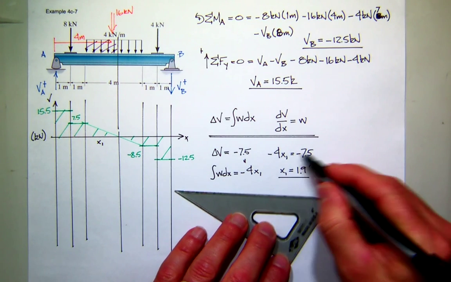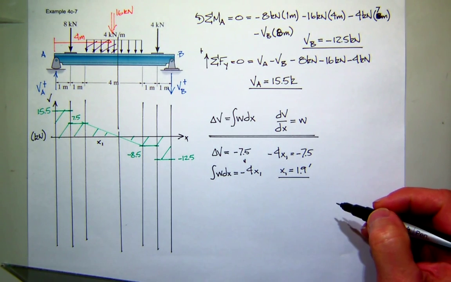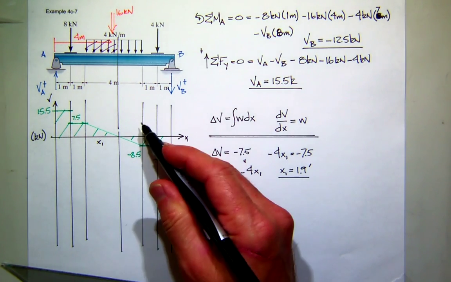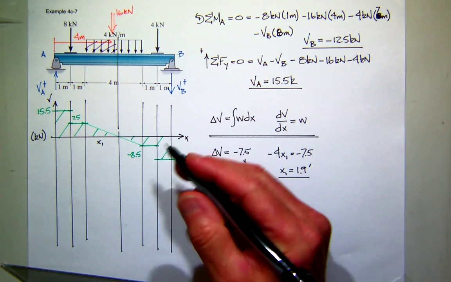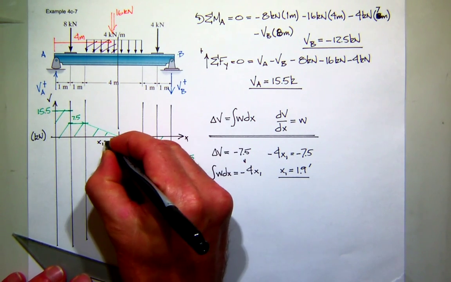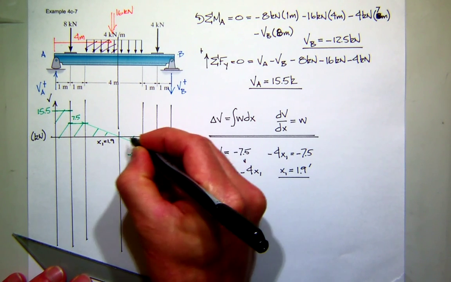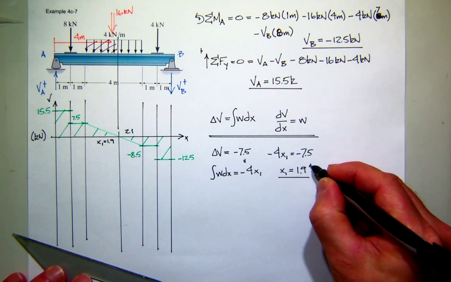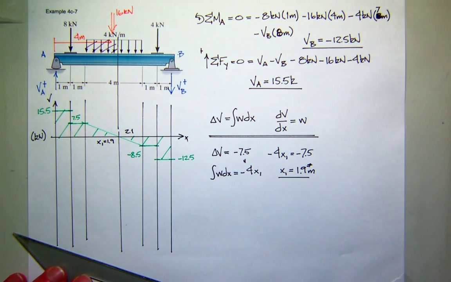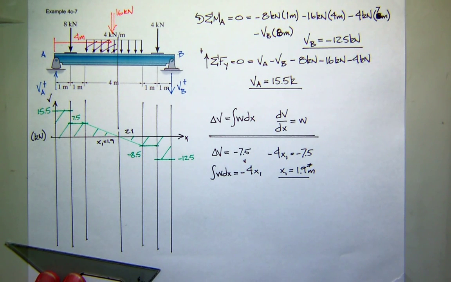The negatives cancel. So if that's 1.9, that means this side is 2.1. Right? So this now becomes 1.9. So this side should be 2.1. That's not feet, it's meters. So we have all of our geometry that we need now.